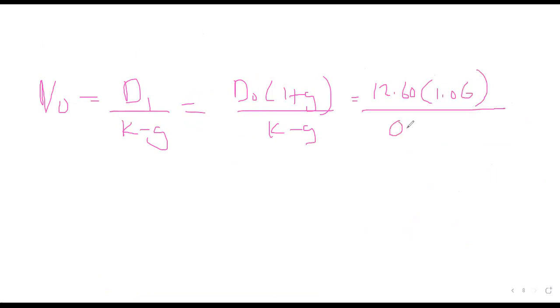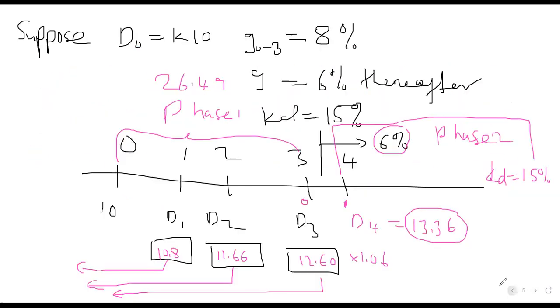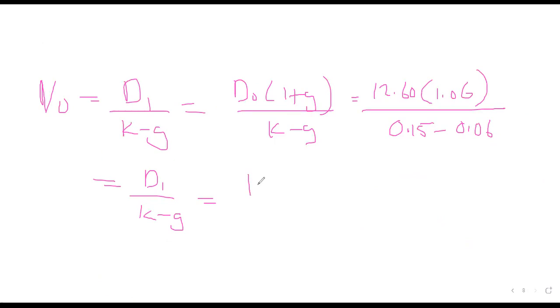And we have 15% here, and also 6% here. So this will simply take us to the same D1 over K minus G. So this D1 in this case now will be 13.36.